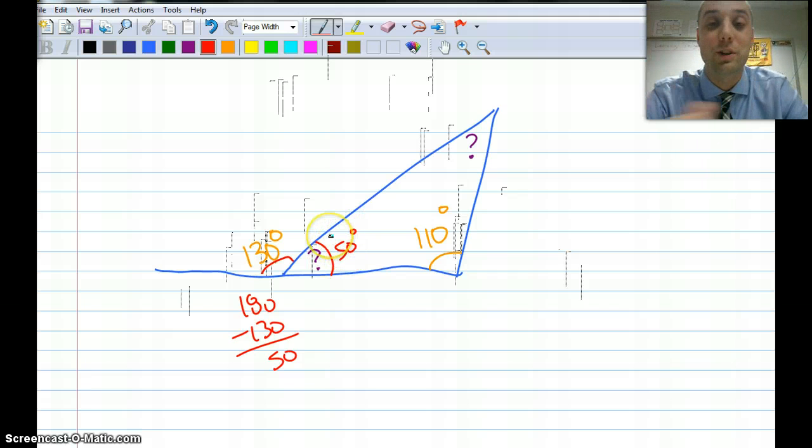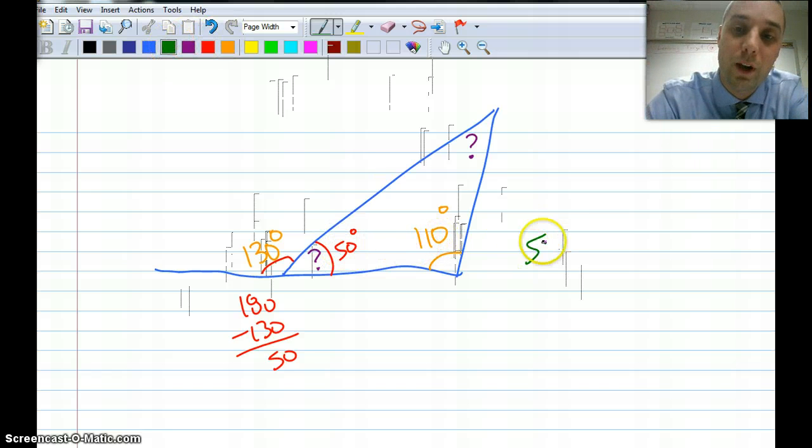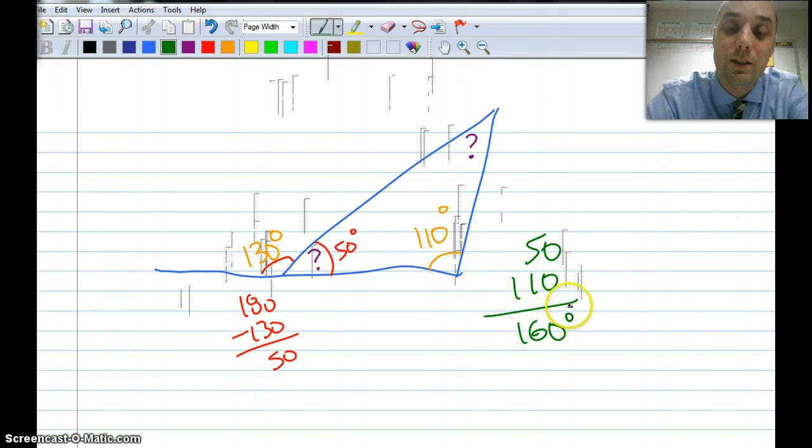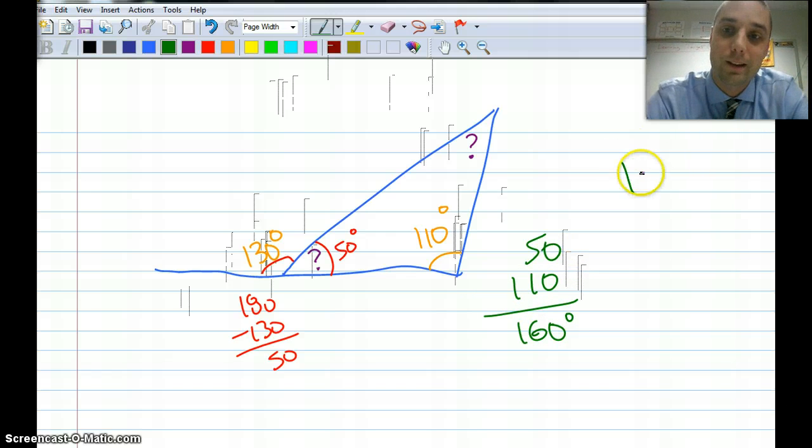You have to do that one first before you attack this top one, because now we know two of the angles are used up. So far we've got 50 and we've got 110. That's 160 degrees. We just learned in this lesson all triangles have 180 degrees. So 180 degrees, 160 is used up, that's 20 degrees left over.